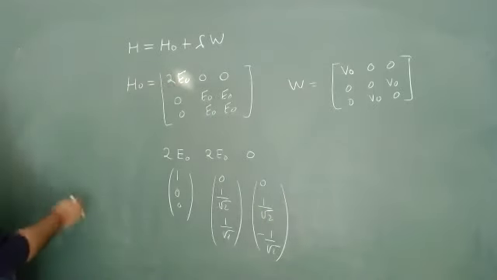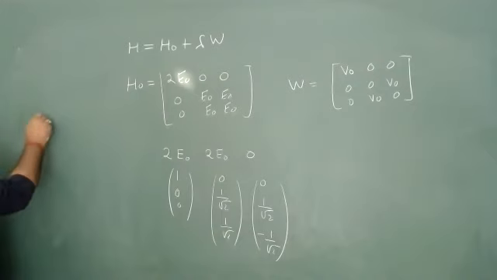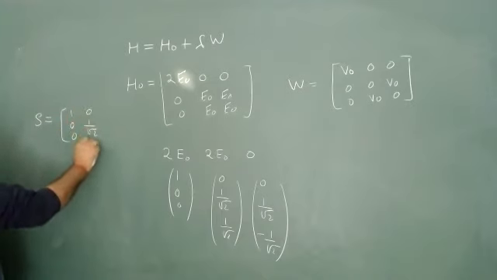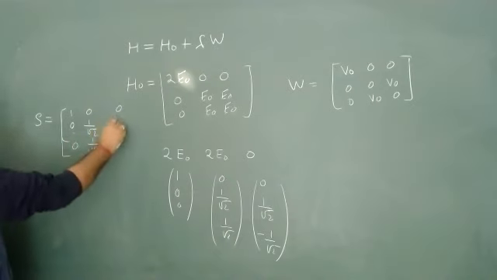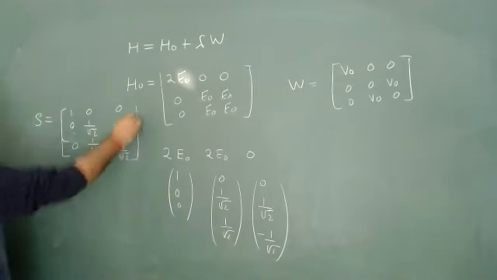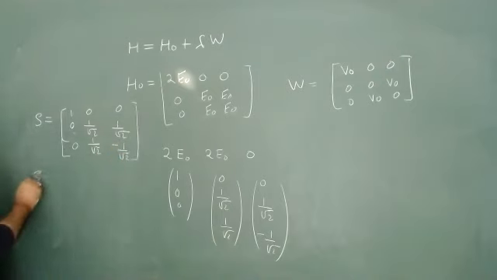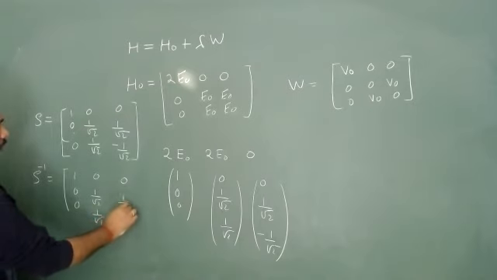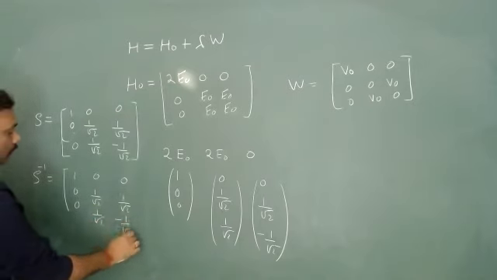So my S matrix is again 1 0 0, 0, 1 by root 2, 1 by root 2, 0, 1 by root 2, minus 1 by root 2. S inverse is equal to 1 0 0, 0, 1 by root 2, 1 by root 2, 0, 1 by root 2, minus 1 by root 2.